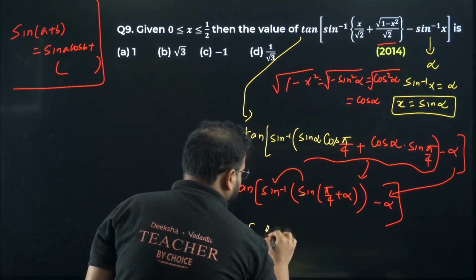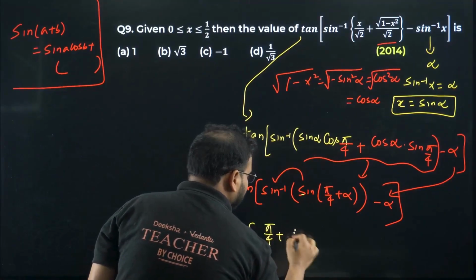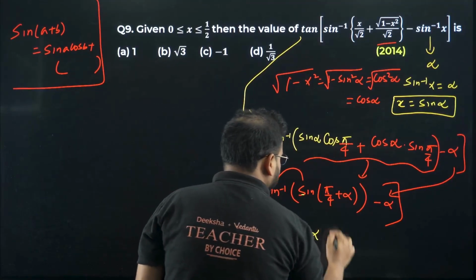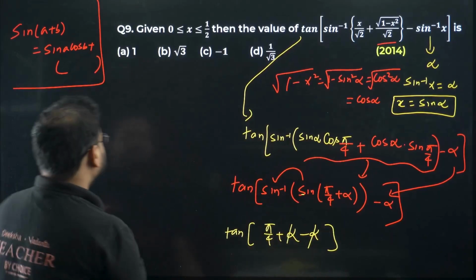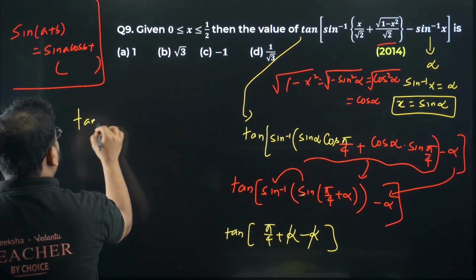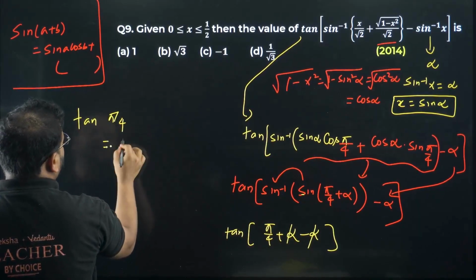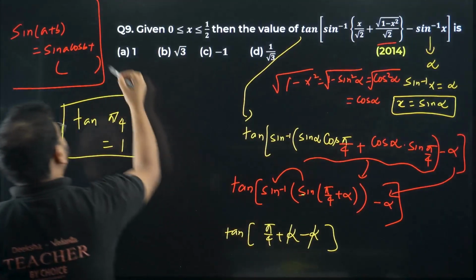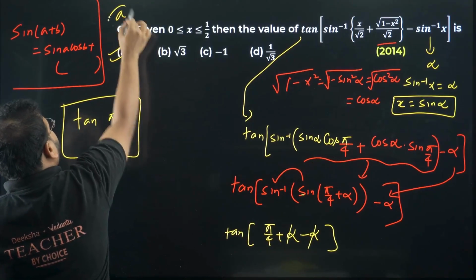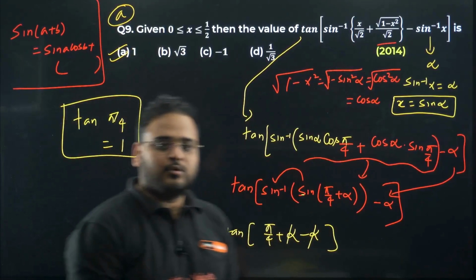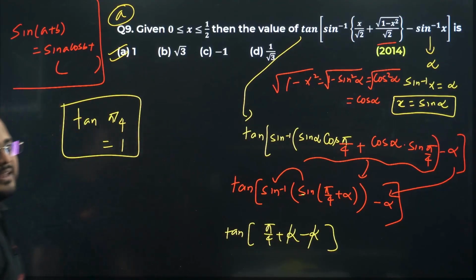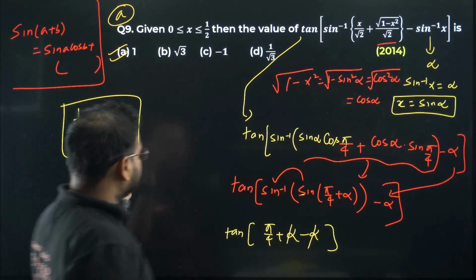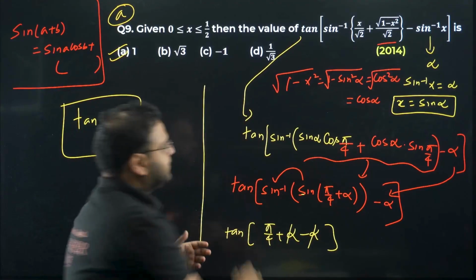So we have only pi by 4 plus alpha left, and this minus alpha is left. Cancel, cancel. Answer is tan pi by 4. How much is that? 1. Option A. Have a look. Question number 9, option A is correct. 1. Simple enough.